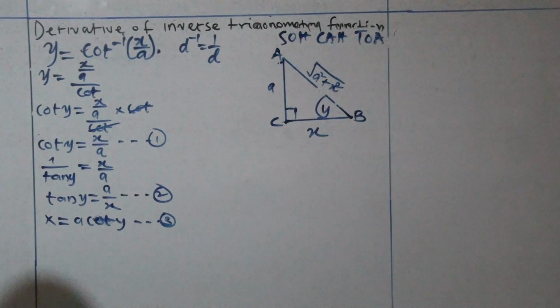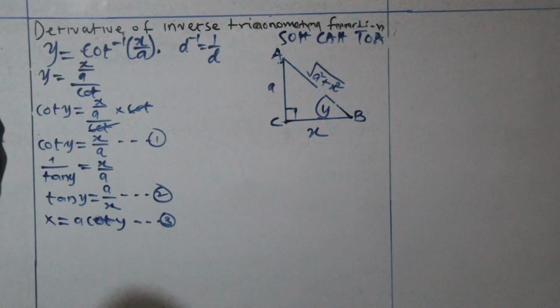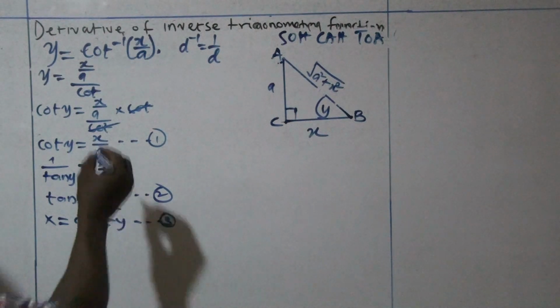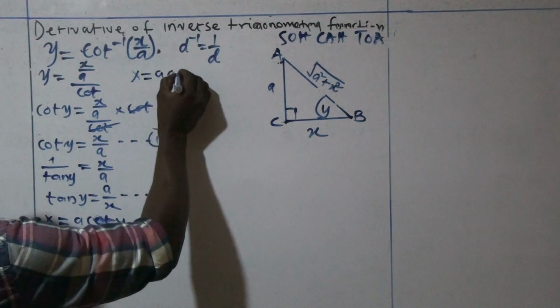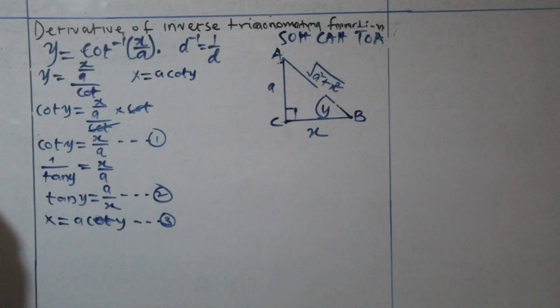What we need to do is go to equation 3 and differentiate it. Equation 3 is x is equal to a cot y.